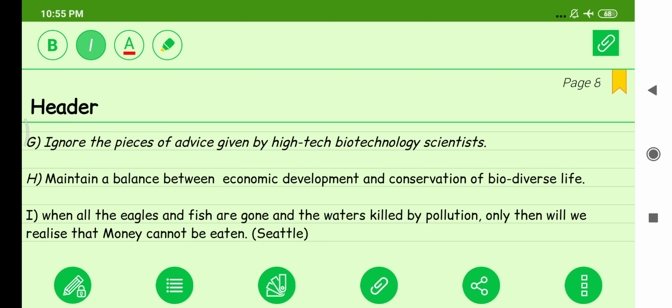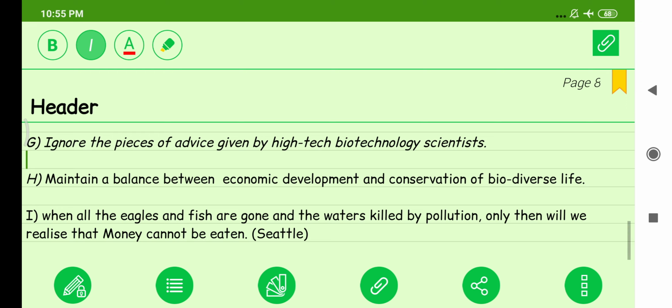So it is simple that there should be a balance between economic development and conservation of biodiverse life. If you harm biodiversity from one side, from the other side you have to add to it, you have to plant more trees, you have to grow more plants and other things.